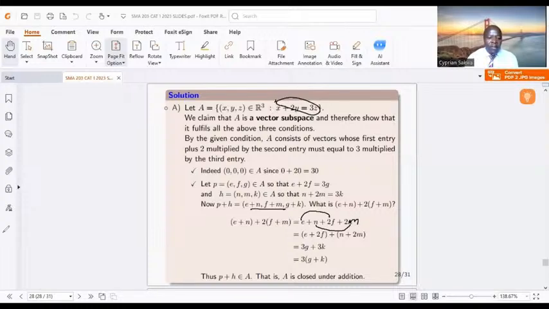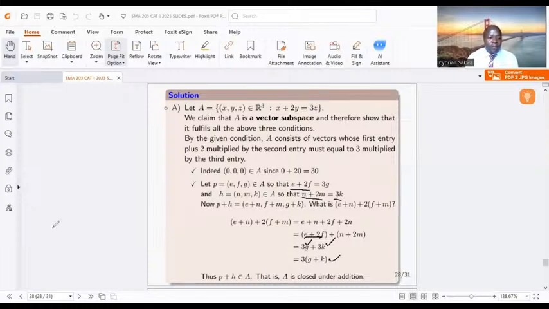Having done that, come back here and see what E plus 2F was. E plus 2F was 3G, and N plus 2M was 3K. And this is the same as 3 into G plus K.